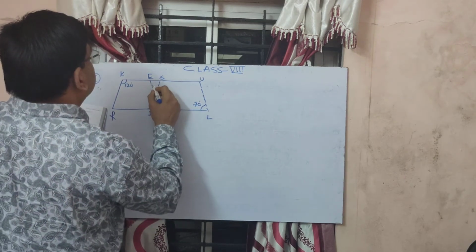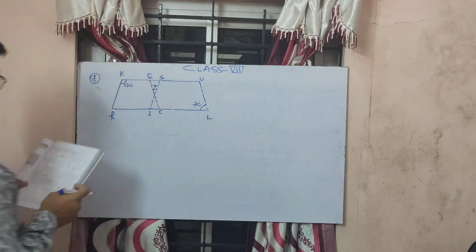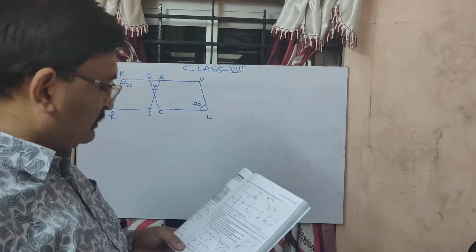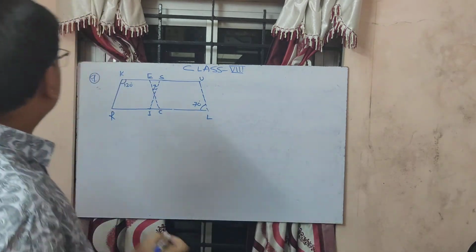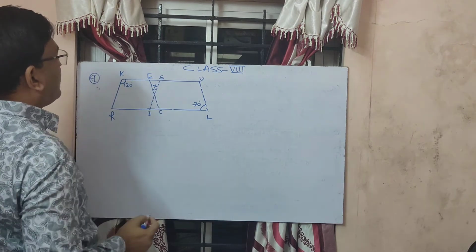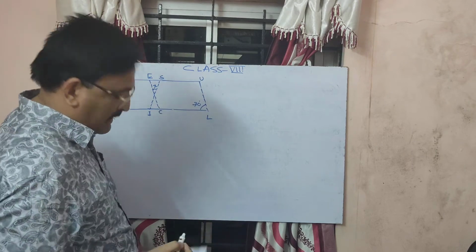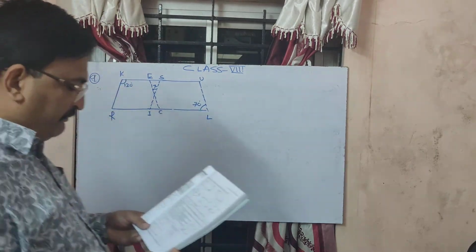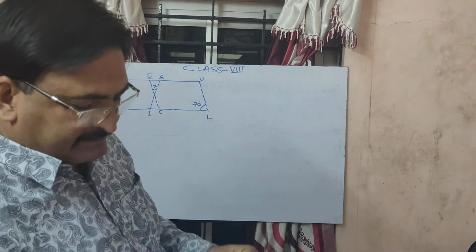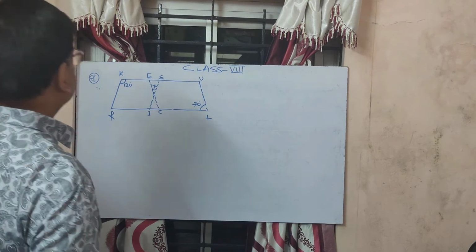And here it is X. Now the question. In the above figure, both RISK and CLUE are parallelograms. Now find the value of X.